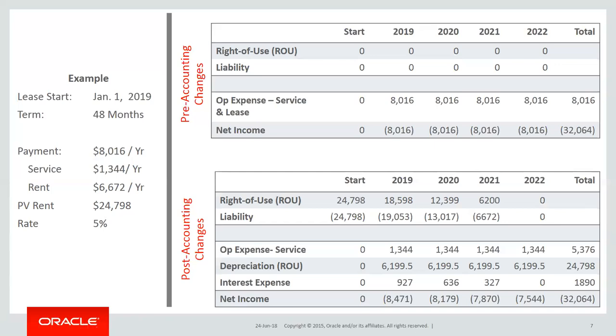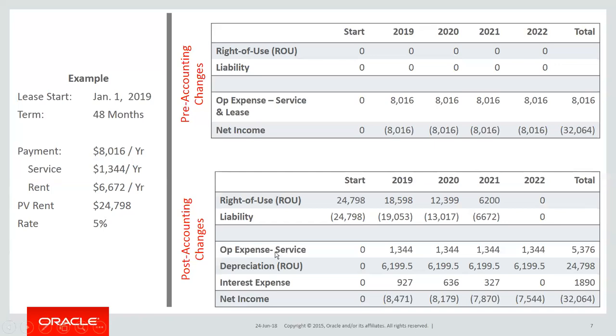By the time the agreement is going to come to an end, you do not have any liability to show in your books, nor is there any right of use for that asset. For that reason, these amounts are going to come down to zero. However, the changes in your net income statement is going to be something like this.